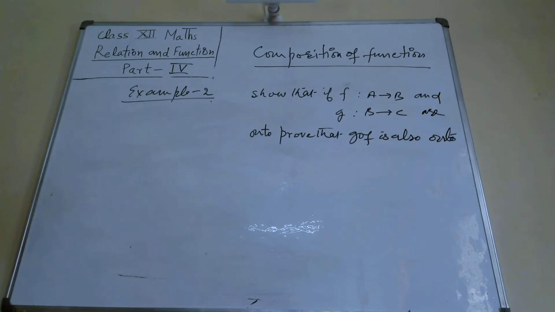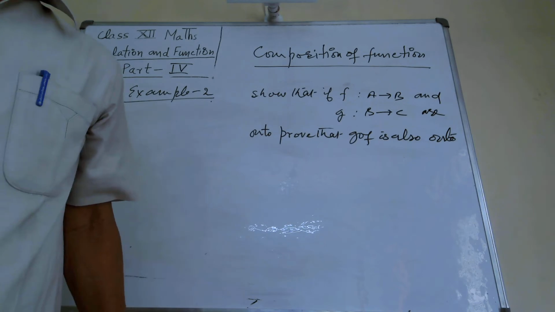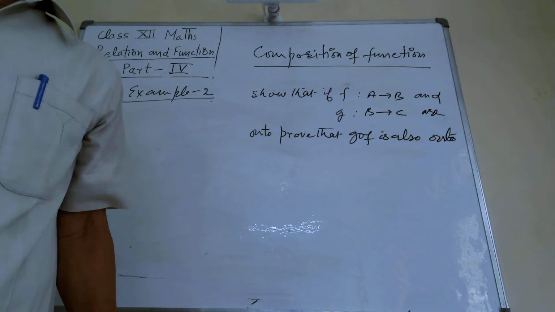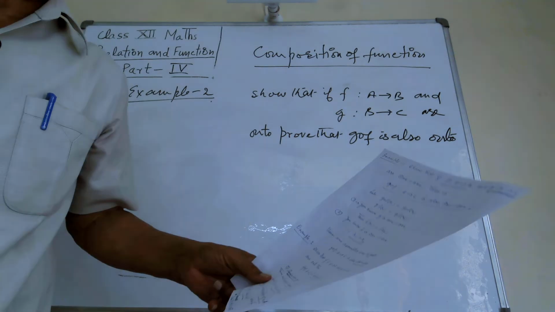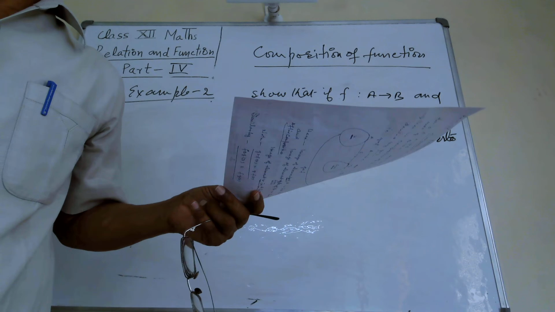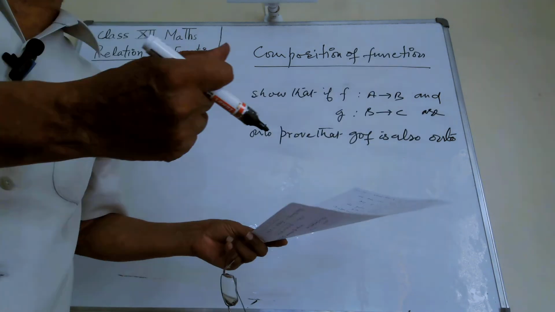Second example. Now, according to the onto condition, I have told you in the third part, what was the onto condition? If an element belongs to the B set, that element should have a pre-image in the A set.